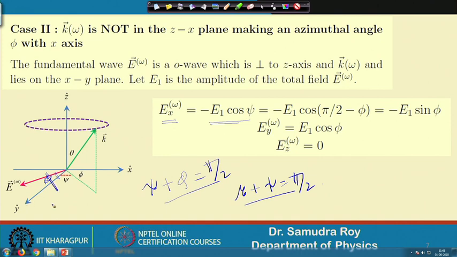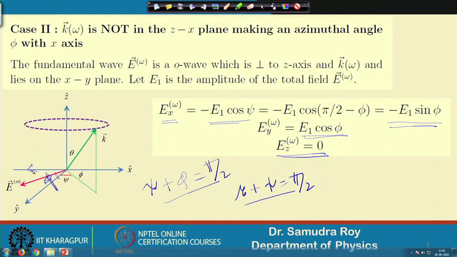So, what will be the y component? It will be E 1 cos phi, as simple as that. There will be no E z component, because the vector E is lying on the xy plane. Along the x direction there will be one component, and this component will simply be minus E 1 sin phi.